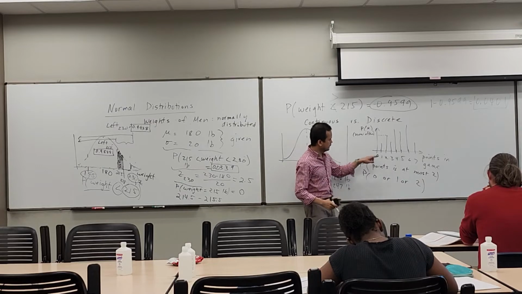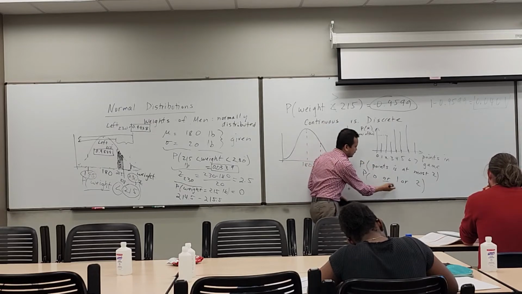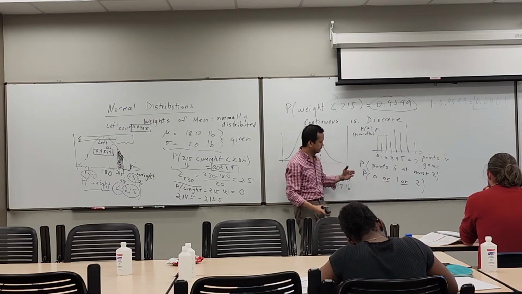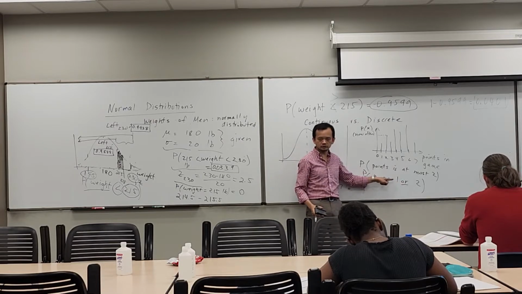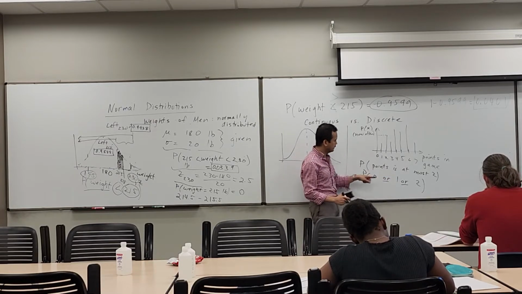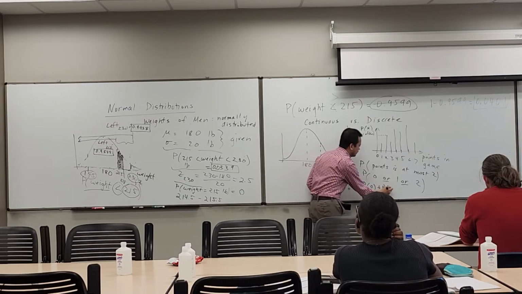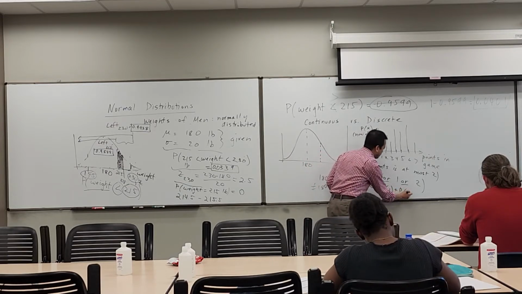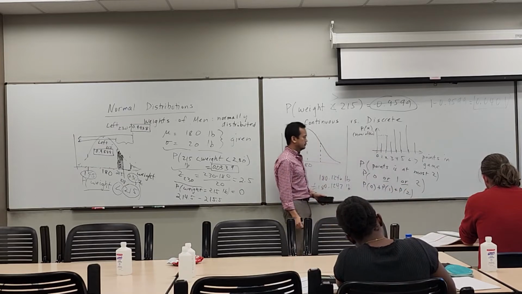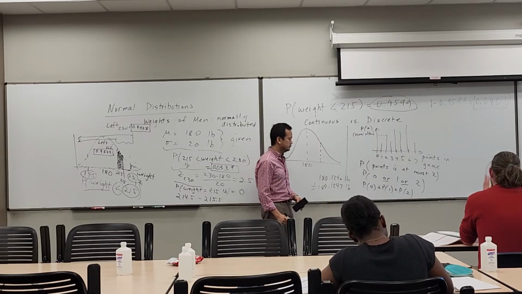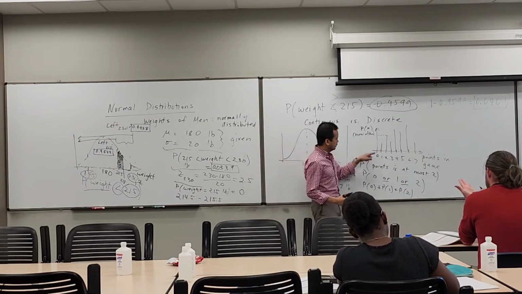And then to find this probability, because you have probabilities of events joined by OR, this is the addition rule, so you would find the probability of each one and add them together.